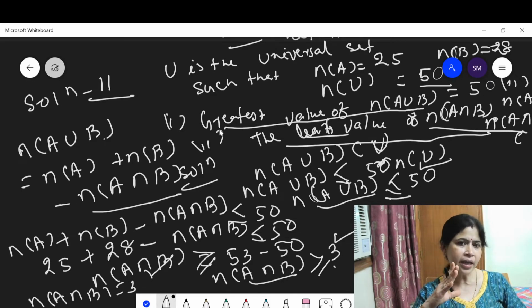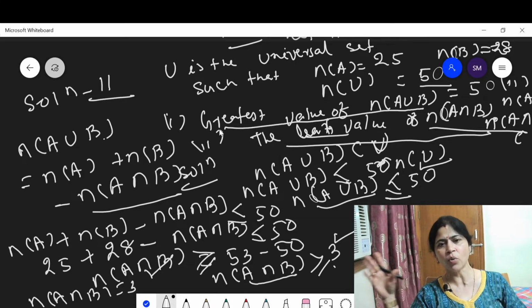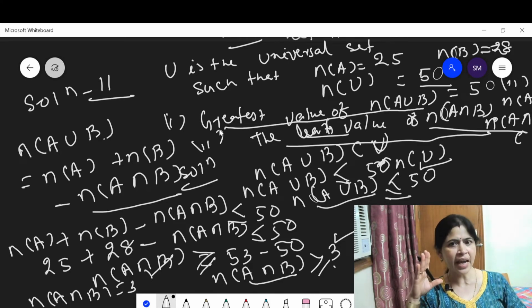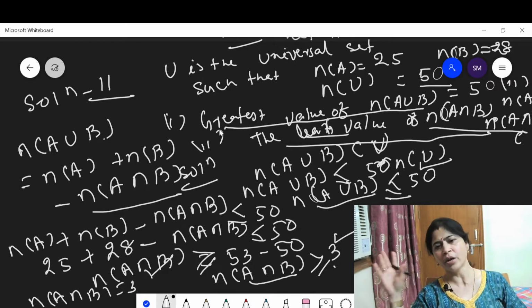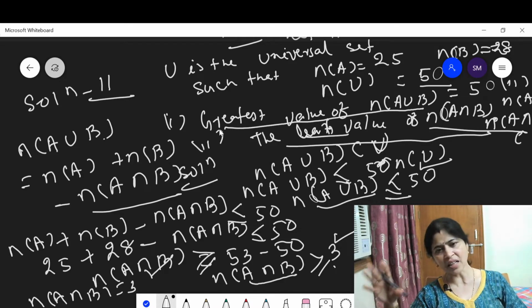So n(A union B) is less than or equal to 50, which means the greatest value of n(A union B) is 50. There cannot be more than 50 elements in it.